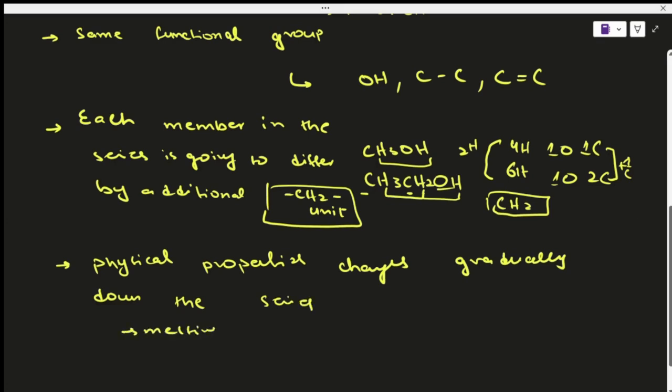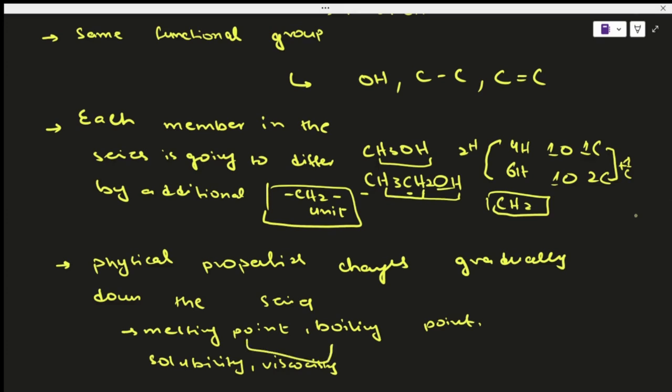You talk about the melting point, boiling point, solubility, and viscosity. These 4. As you go down the series, the melting point and the boiling point are going to increase. So there's going to be a gradual change. As I go from this methanol molecule to this ethanol molecule, the melting and boiling points are going to increase.